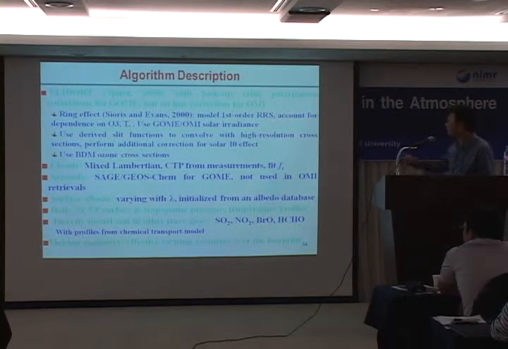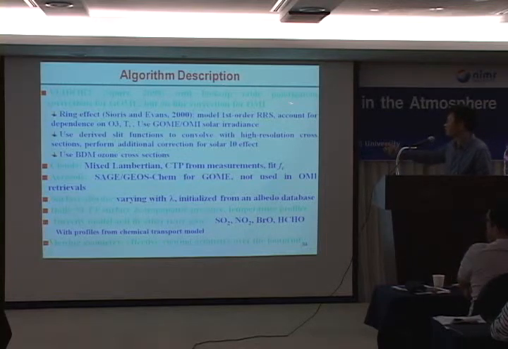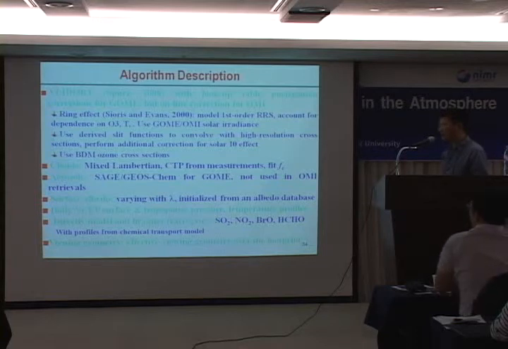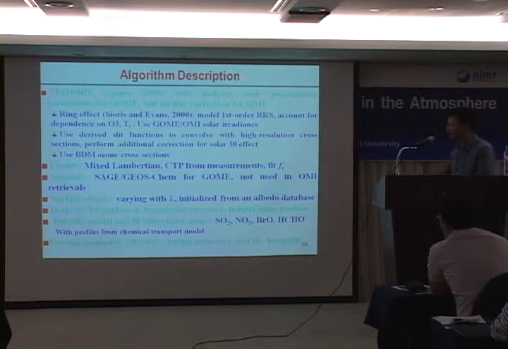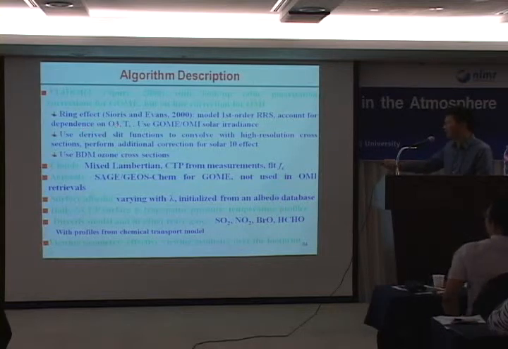We use the VLIDORT, but then we have to perform some correction with a lookup table for polarization for GOME. We switched to do some online correction at a select number of wavelengths for OMI. For the Ring effect, Katie mentioned the Ring effect, and we first got started with the Ring effect estimate using Katie's model, but then we found it is not enough for ozone profile retrieval because it doesn't account for the dependence of the Ring effect on the ozone and temperature.